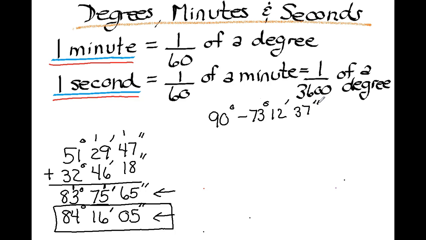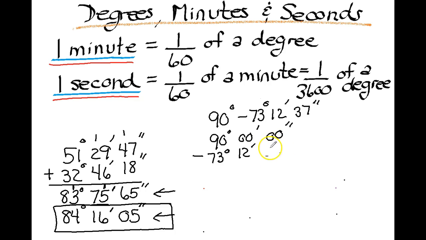Alright, so our first number has no minutes and seconds. So if we actually write that out, 90 degrees, 0 minutes, and 0 seconds, it's going to be really hard to subtract an angle that has minutes and seconds from it. Whoops, that's 37.